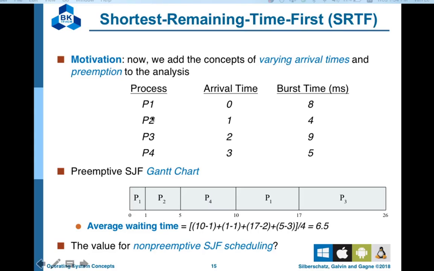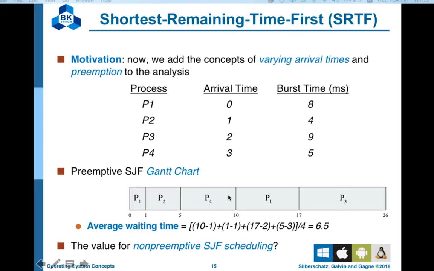The remaining time of P1 is 7, and the remaining time of P2 is 4. 4 is smaller than 7, so P1 will be preempted by P2. P1 will be paused, the CPU will be taken away from P1 and allocated to P2.